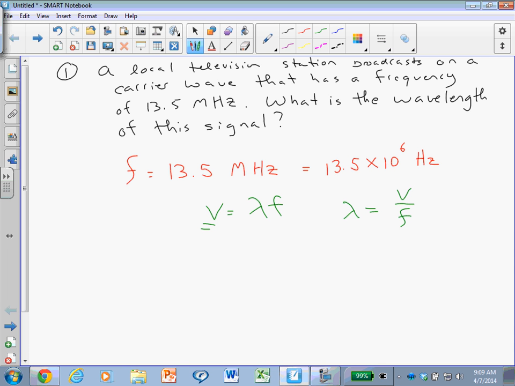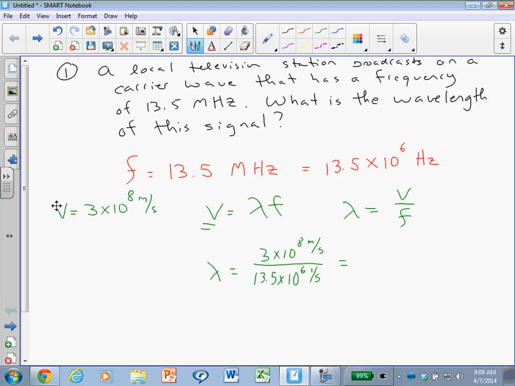Okay. Now, what, though? We need V here, right? V equals 3 times 10 to the 8 meters per second, right? Okay, so lambda equals 3 times 10 to the 8 meters per second over 13.5 times 10 to the 6, 1 over seconds, that's a hertz.